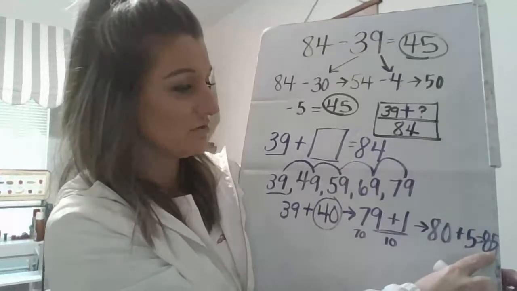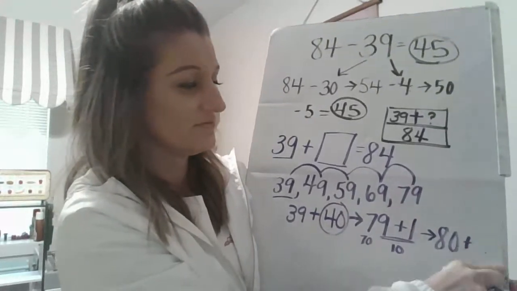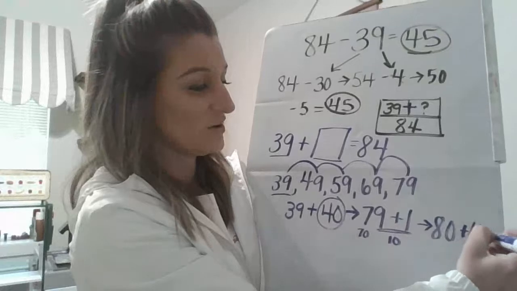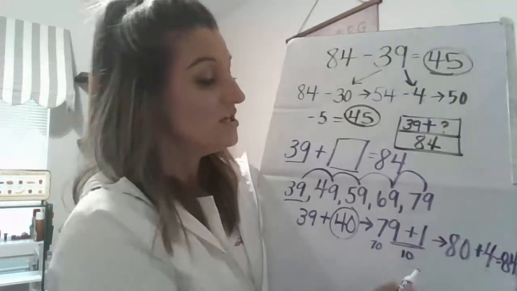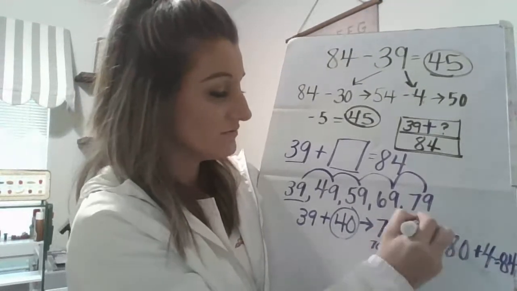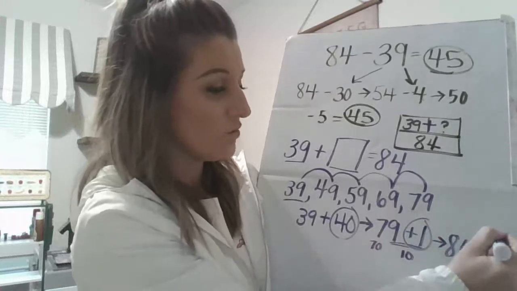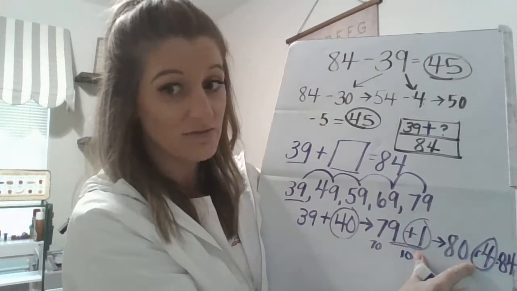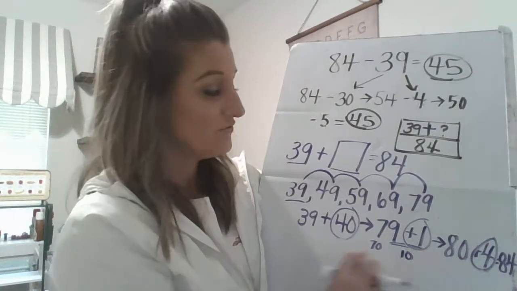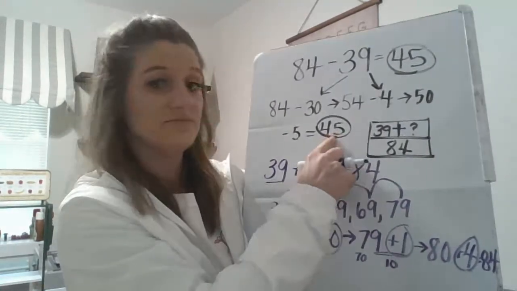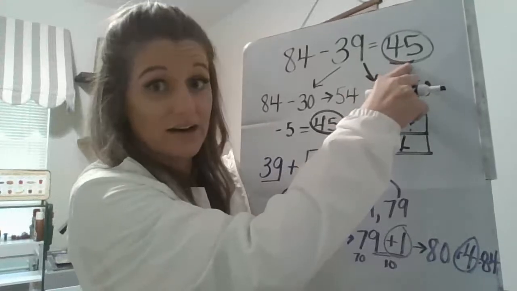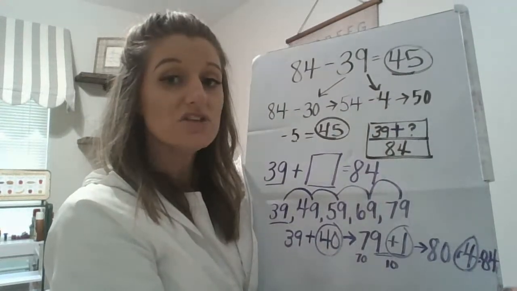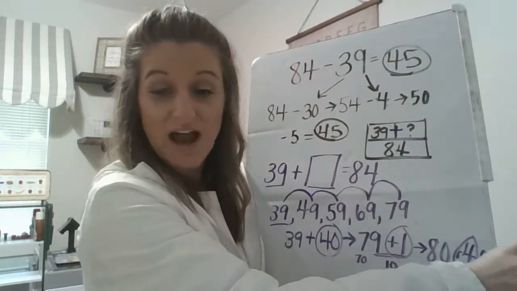We got to the total. Whoops, it was supposed to be 84, because we were going to stop on 84. Sorry, I thought it was 85. Yeah. So we added 1 more. Circle it. We added 4. Circle it. So we added 40 plus 5, because 4 and 1 make 5. 45. Is that the answer we got up here? Yes. Is that the answer we got here? Yes. So you can use adding to help you with subtraction.